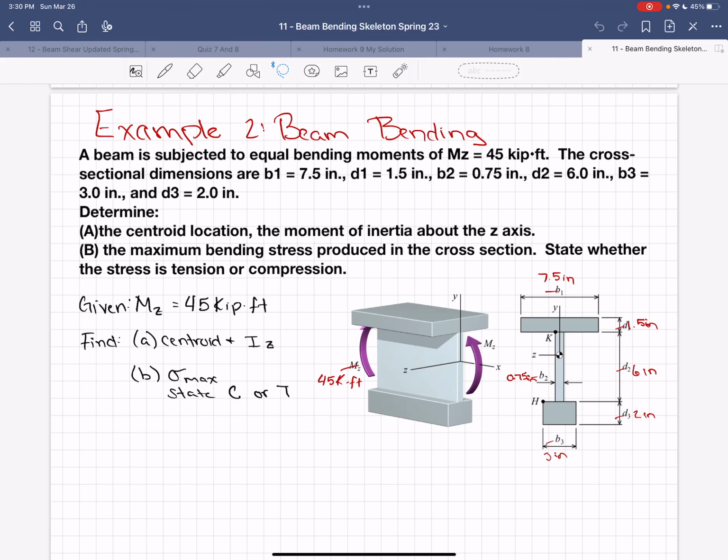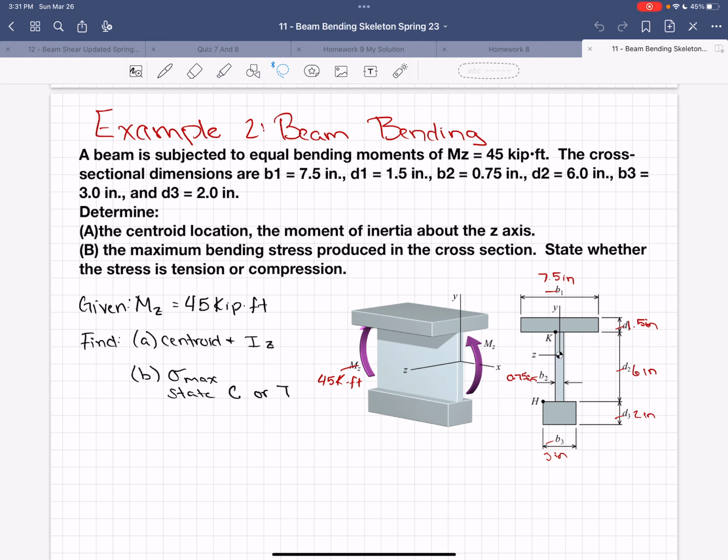Right, so this is the second example from the beam bending skeleton notes. We have this beam and it has equal bending moments on each side of 45 kip-feet.